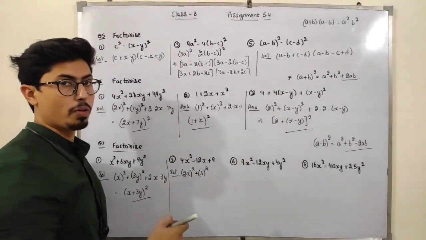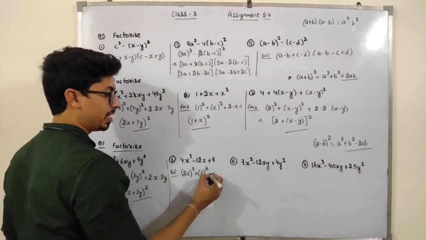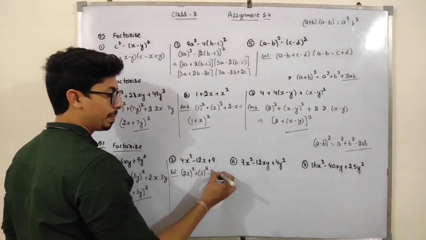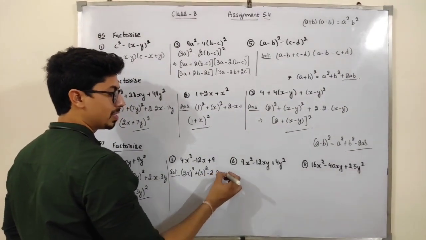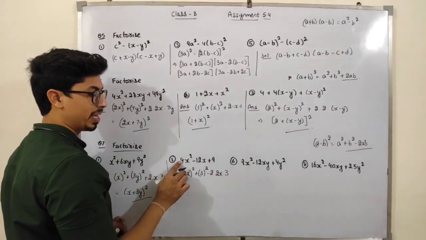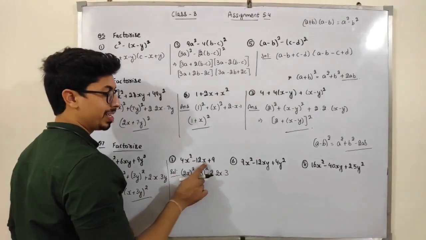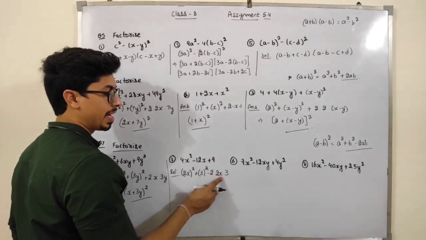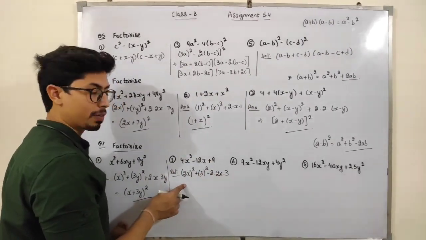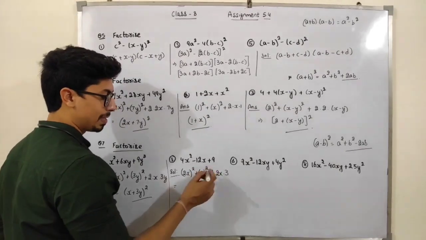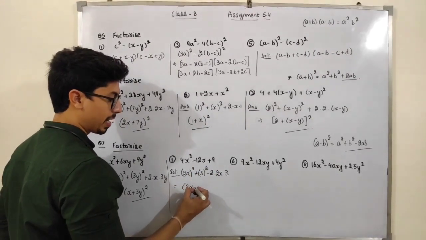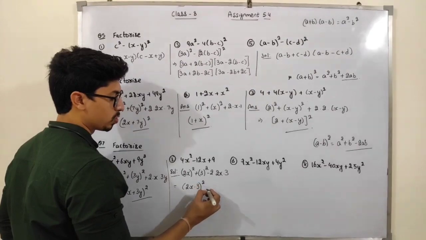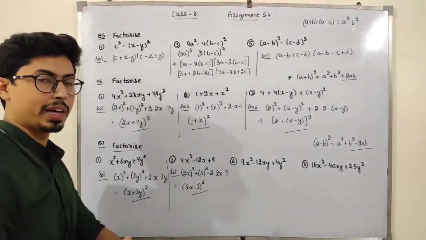Now to complete the formula I want minus 2ab. A means 2x, b means 3. So this is 4x square, 3 square is 9, so 2 into 3 into 2 is 12, x as it is. Now this becomes the formula again, a square plus b square minus 2ab, so a minus b whole square. This is my required answer.